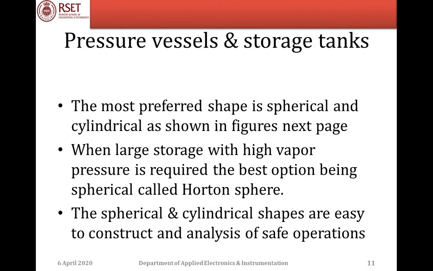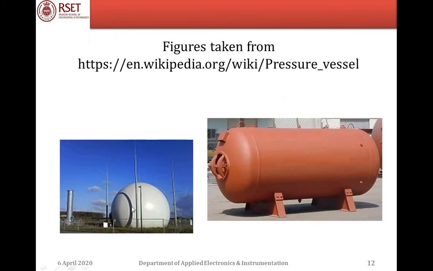So the next portion to be covered is pressure vessels and storage tanks. When storing compressed natural gas, we prefer spherical shapes as shown in this figure. This kind of storage vessel is called the Horton sphere.